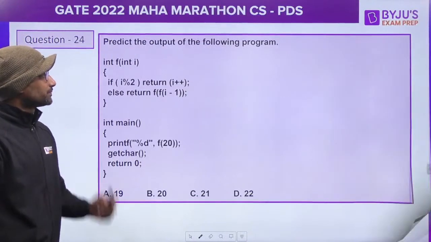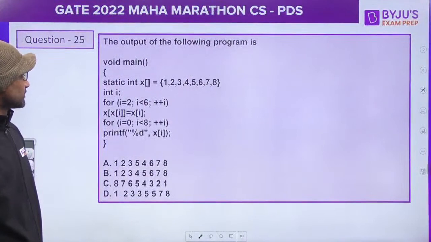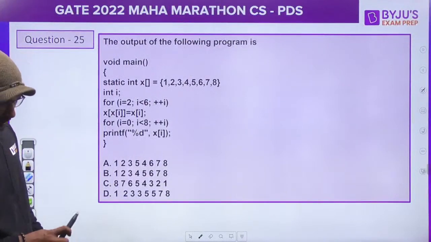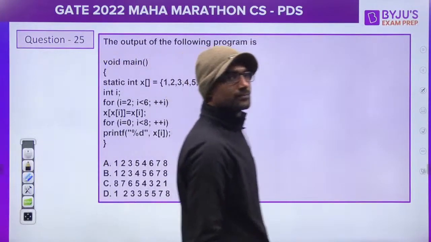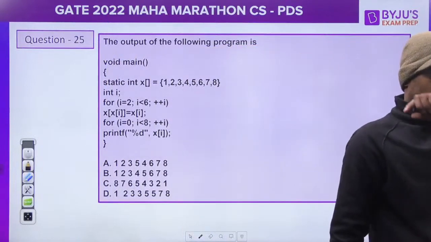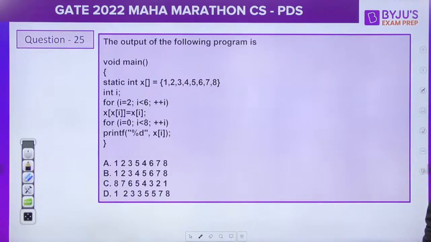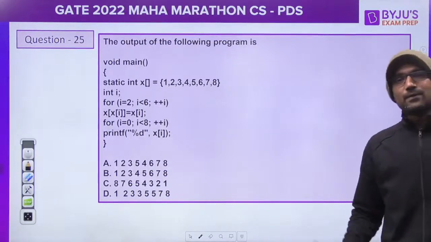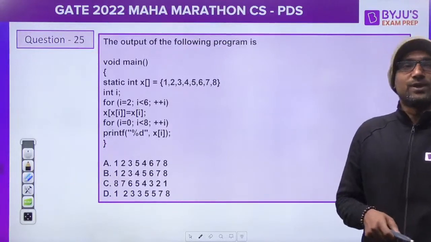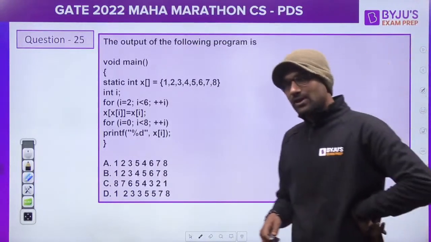Next question. What is the output of this program? Chandan, you have given B, then again you are changing it to A. Guys, don't cheat yourself.